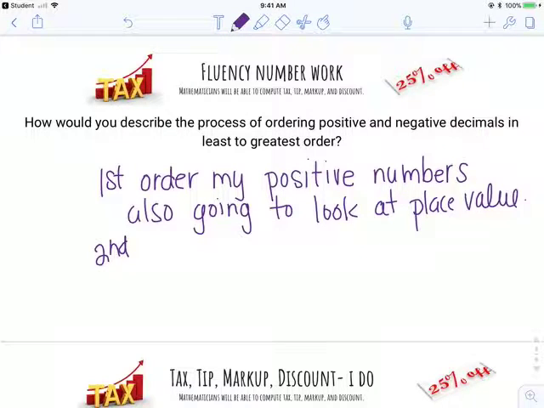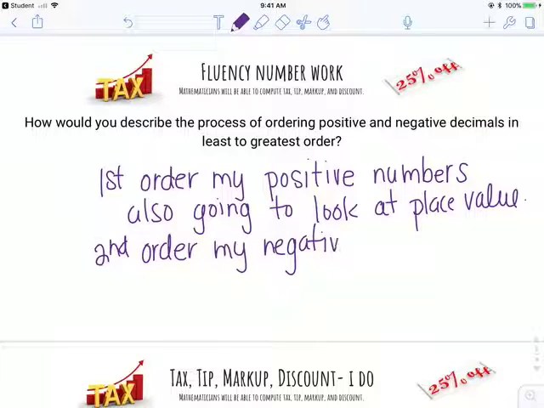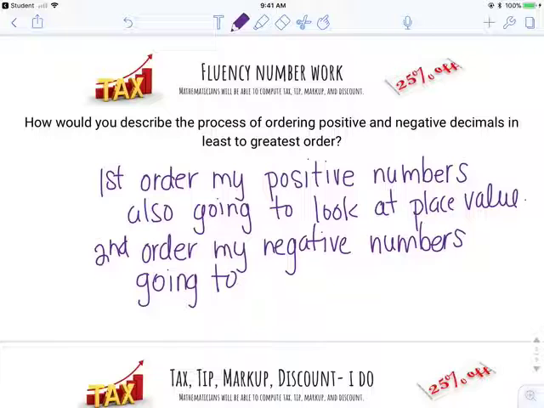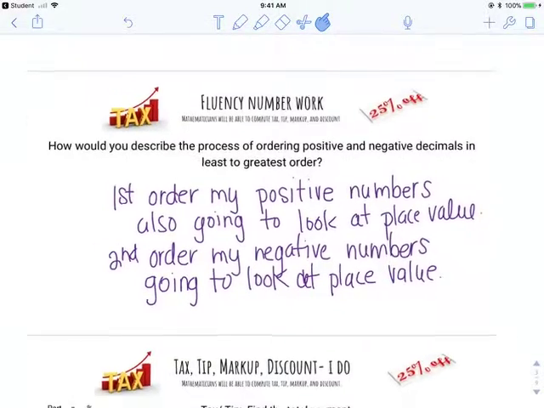Second, I'm going to order all my negative numbers because my negative numbers are left of 0. I'm going to look at place value, but remember we have to look at place value in the opposite light because everything that's larger is actually smaller on the negative side. So you could elaborate a little more on that.